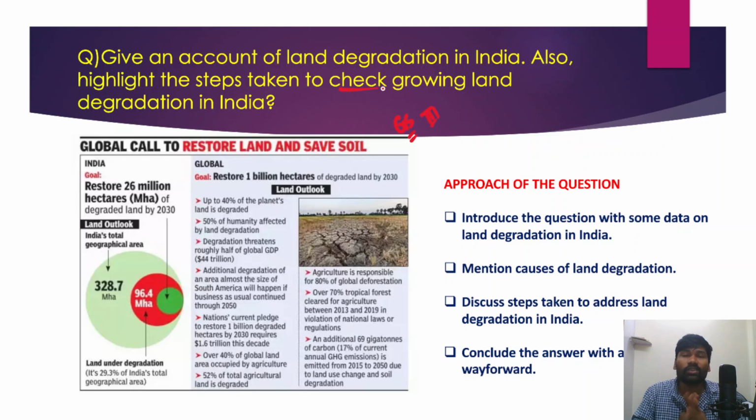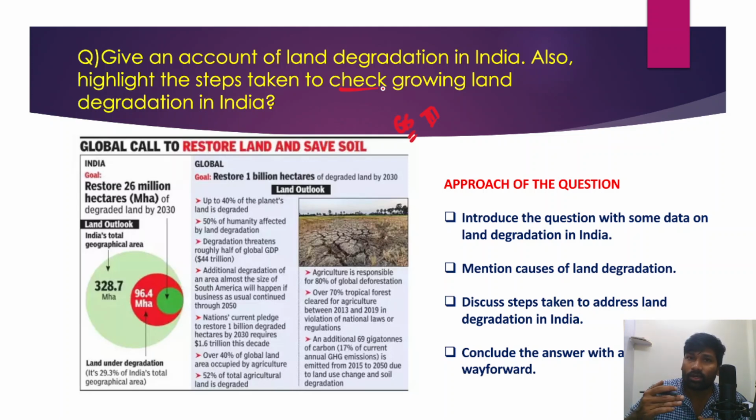Now, this question is about land degradation that has been taking place in India. When we talk about land degradation, climate change and other anthropogenic factors are the key driving factors. Every question has an approach.